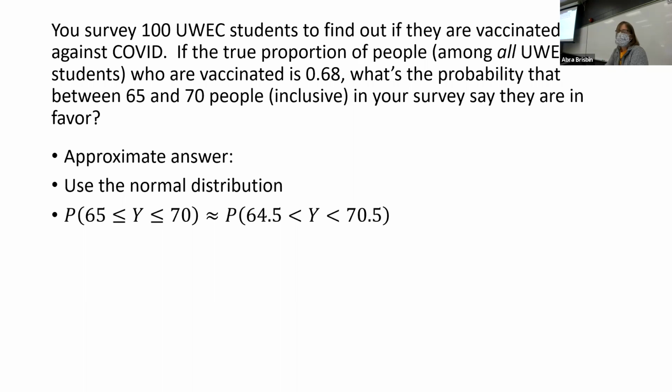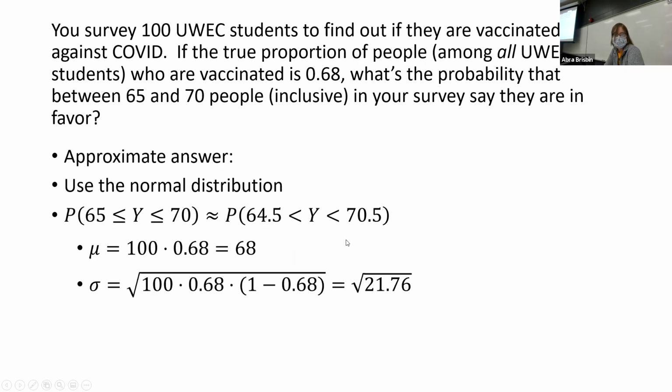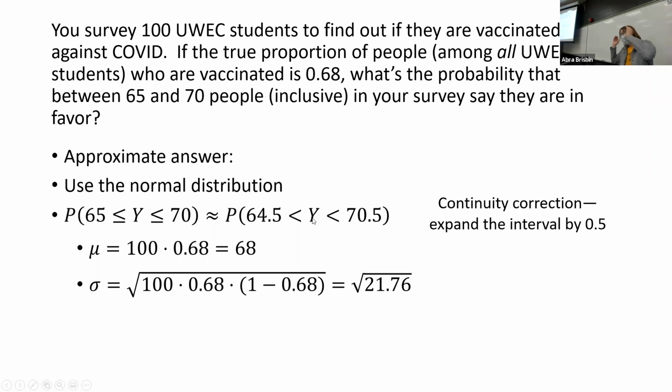So because of that, we tend to get more accurate results if we instead say that this is approximately the probability that y is between 64.5 and 70.5. This is called the continuity correction, where we expand the interval we're interested in by 0.5 on either side if it's an interval that's bounded on both sides.